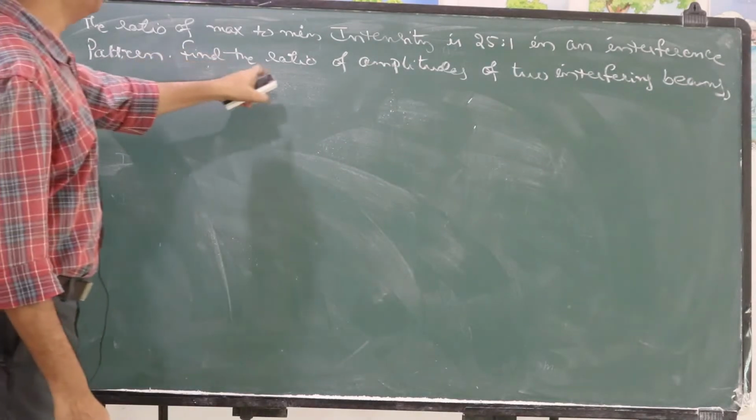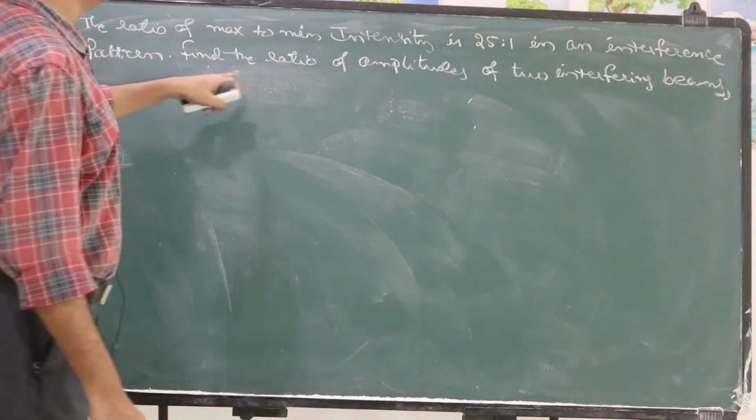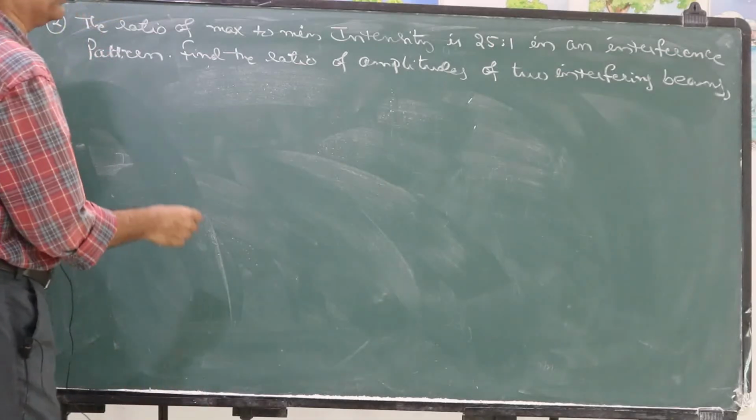The ratio of maximum to minimum intensity is 25:1 in an interference pattern. Find the ratio of amplitudes of two interfering beams.